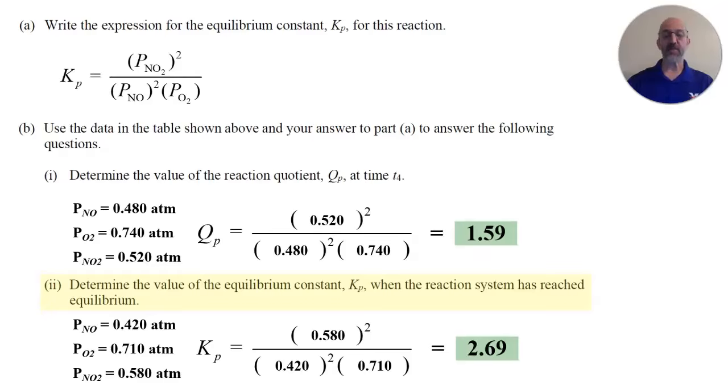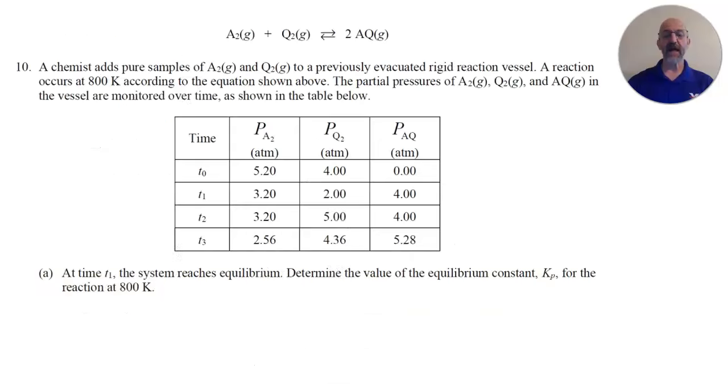And when I do that math, I get 2.69, and that represents the value of the equilibrium constant Kp when the reaction system has reached equilibrium. All right, those are the answers to question 9 in the packet. Now let's take a look at question 10.